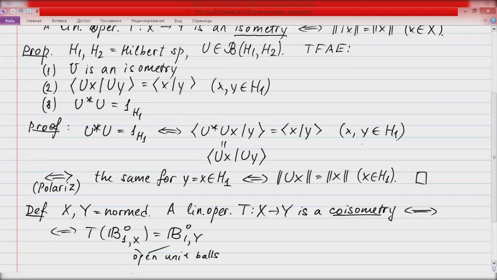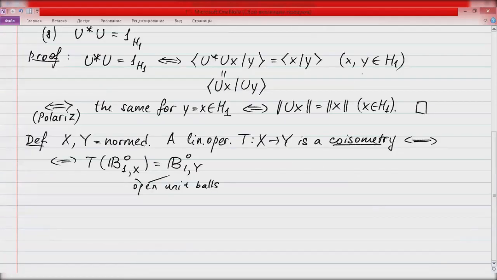And let's recall the following useful fact, which establishes a duality between isometries and co-isometries.